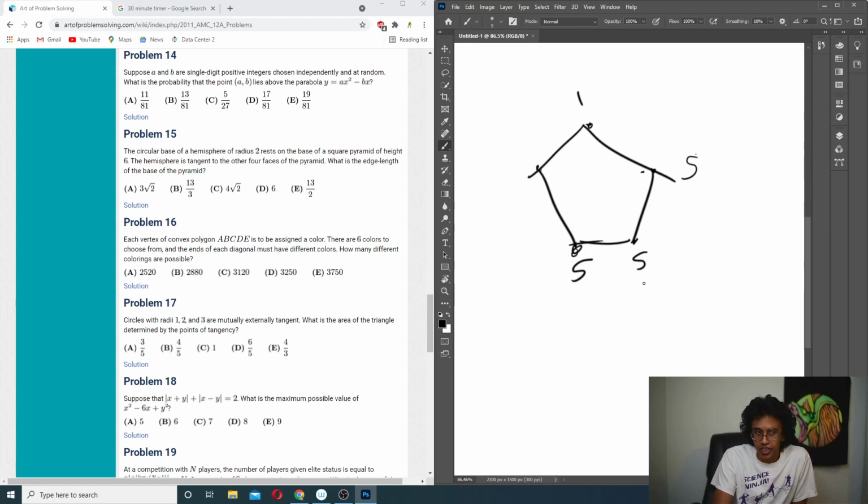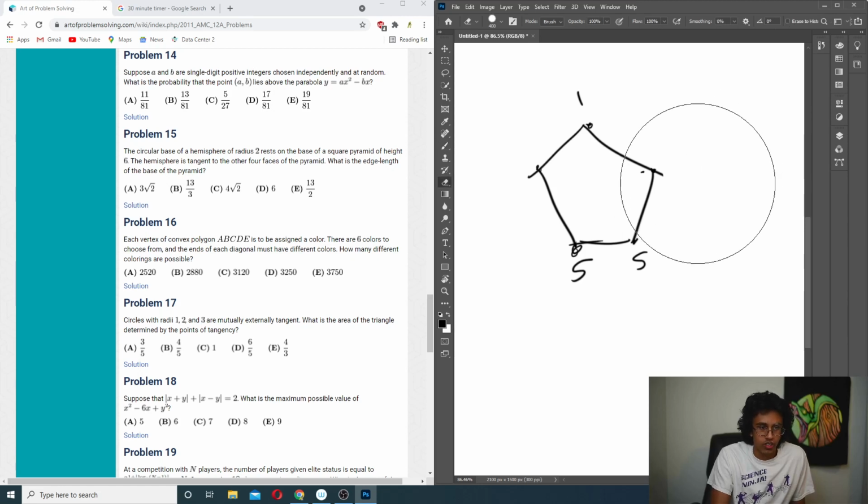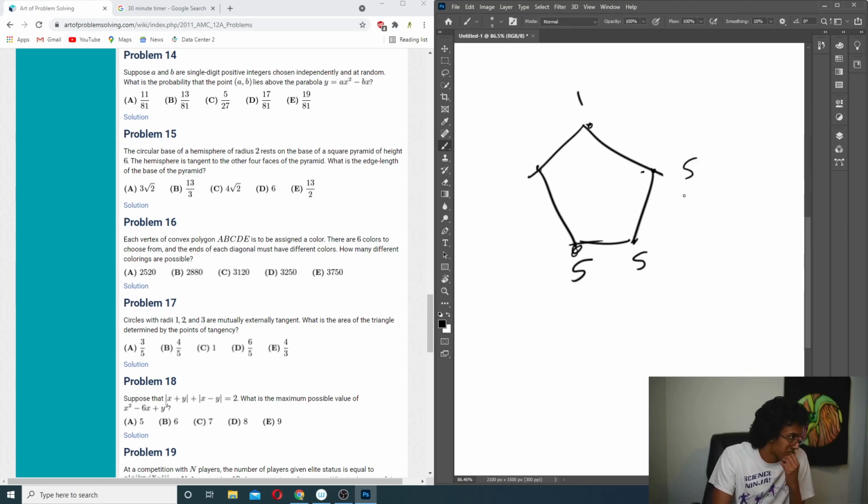So I guess we could just do casework, right? Because these guys might be the same color, they might not. Does that matter? Because the set of 5 colors this guy could be is different from the set of 5 colors this guy could be, so that's annoying.